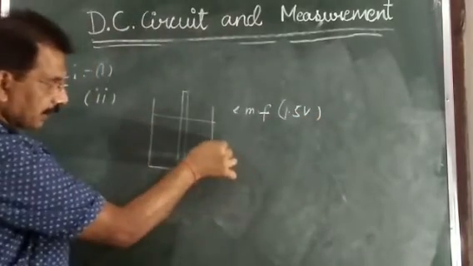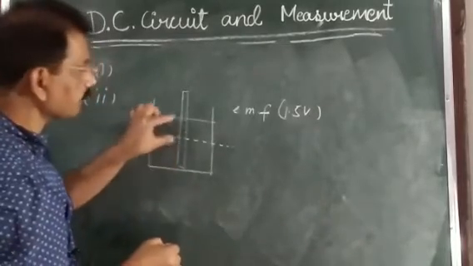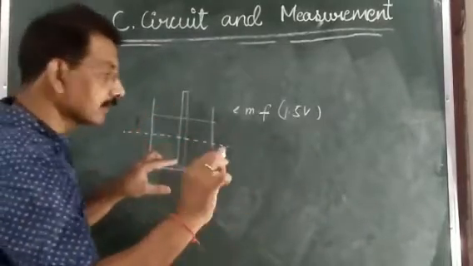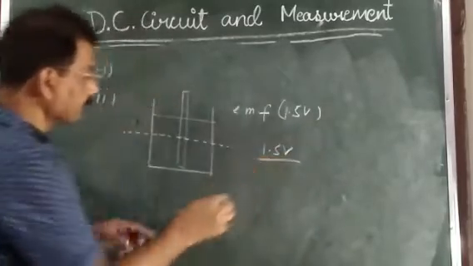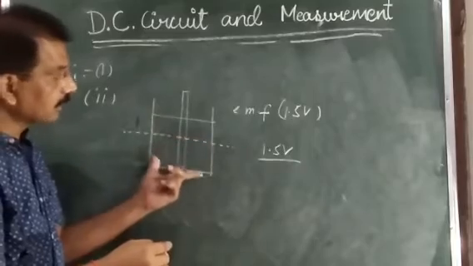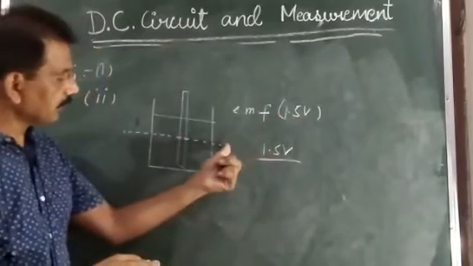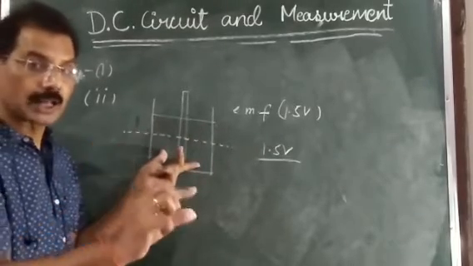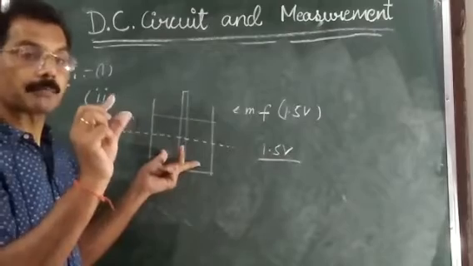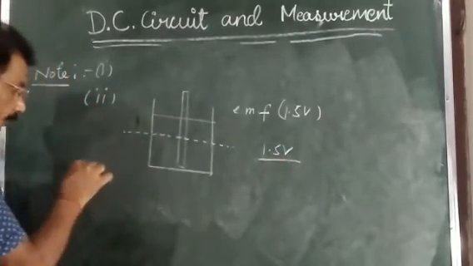If the cell is cut into two parts, then each part behaves like a cell whose EMF is 1.5 volt. It means when the cell is cut into two halves, it behaves like two cells, and the EMF of each part is 1.5 volt.